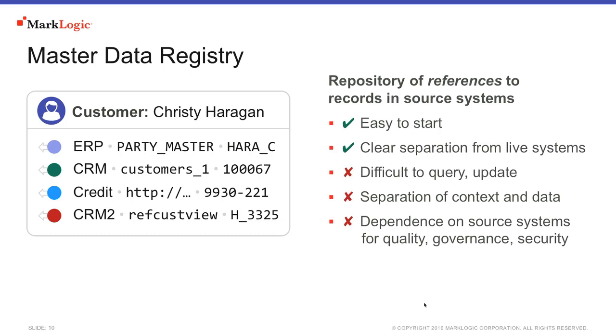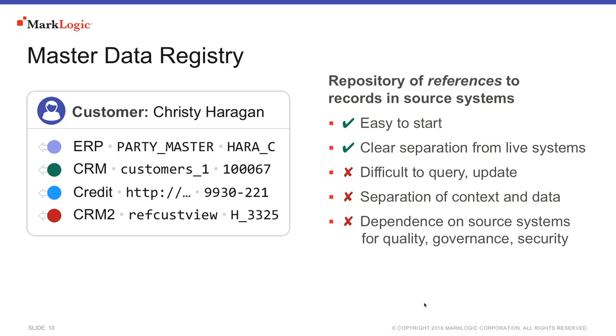So this approach is good. It allows you to get going very quickly to identify where the entities are, but it's a little bit difficult to actually manage that data over time. And that's what we're interested in, right? Master data management. It also means that we aren't able to put our arms around things like governance and security and data quality.